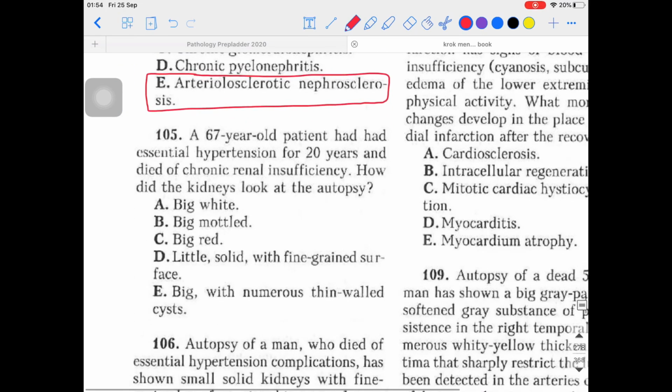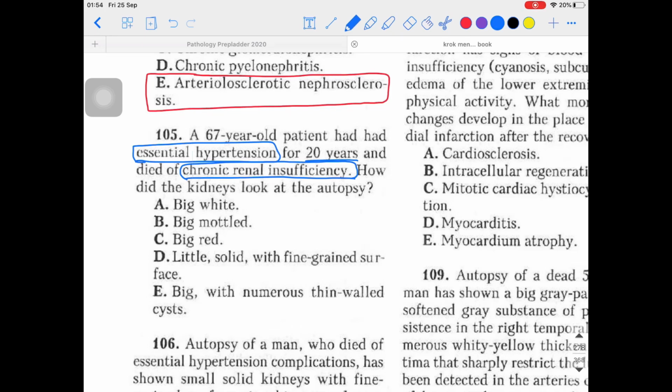Next question is, a 67-year-old patient had essential hypertension for 20 years, a very long period of time, and died of chronic renal insufficiency. How did the kidneys look at the autopsy? I told you guys that if the patient has chronic renal insufficiency, the size of the kidneys will start to decrease a lot.